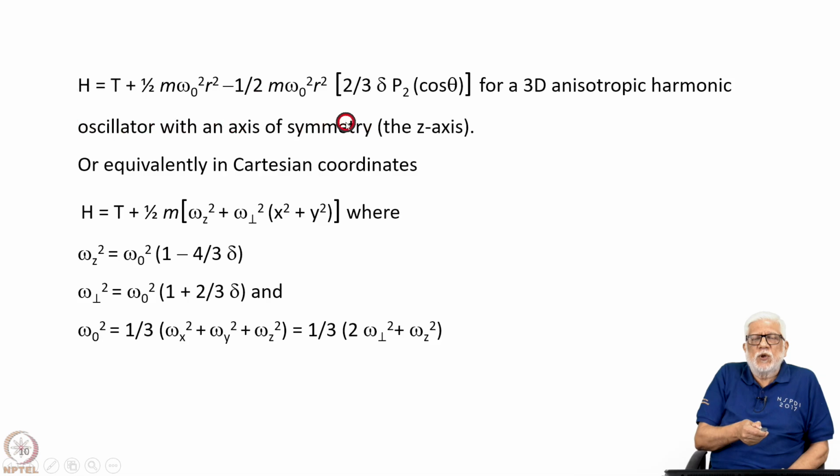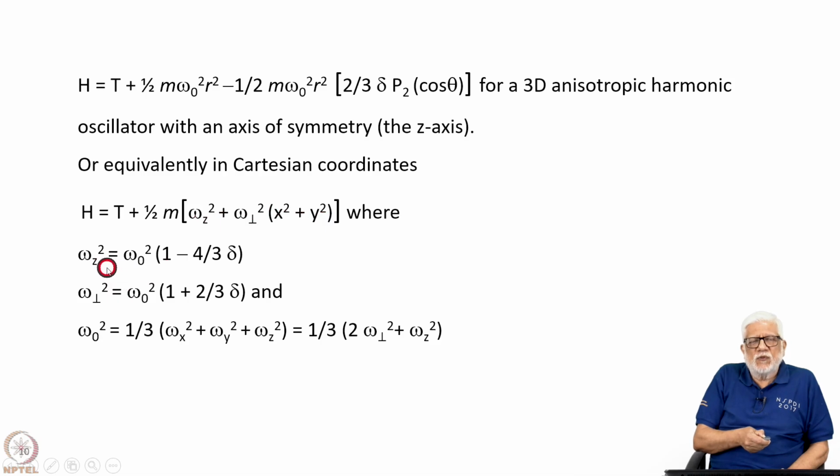But now, because of the quadrupole deformation, you have to add a small term which is proportional to delta, the quadrupole deformation, and a P2 cos theta. Equivalently, in Cartesian coordinates, you can write this down as half m omega z squared plus omega perpendicular squared, because the frequency is the same whether it is in the x or y direction. So, there is a symmetry with respect to rotation around the z axis.